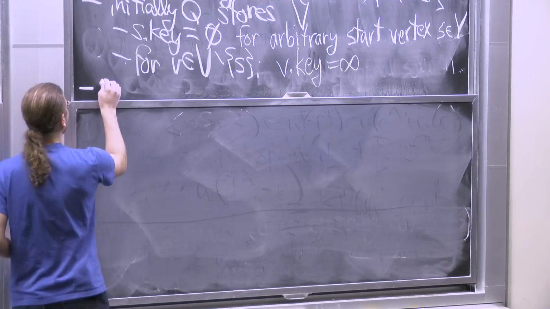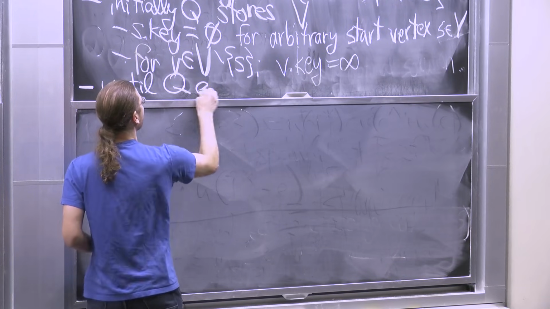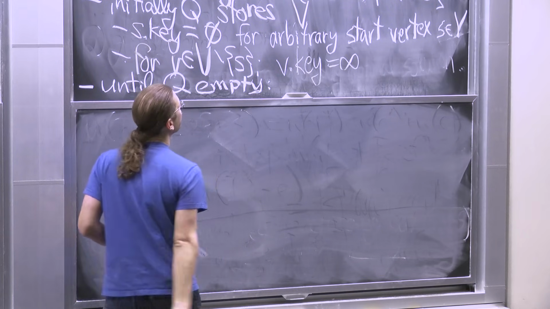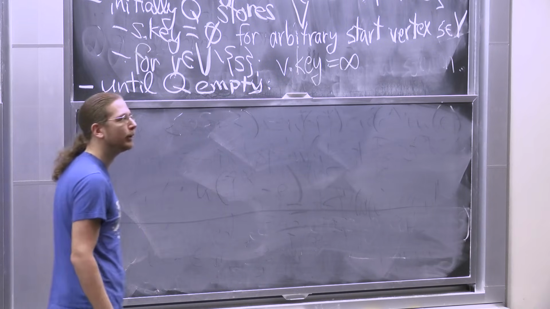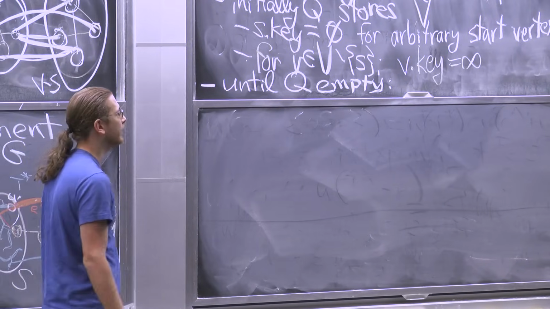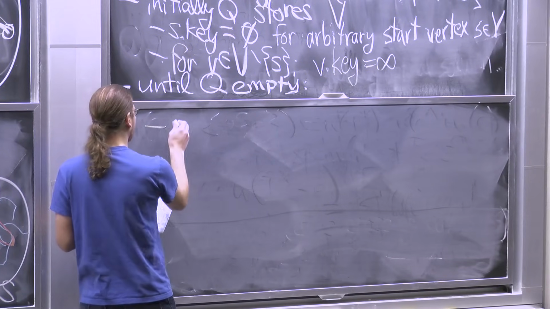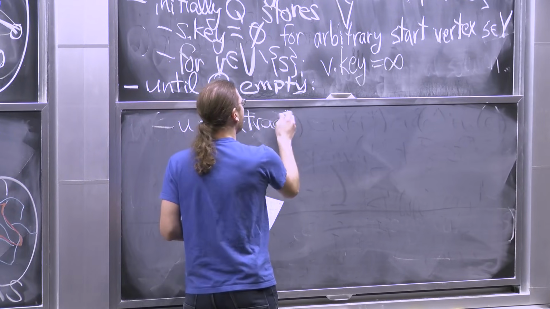OK, so that was the initialization. Now we're going to do a loop. We're going to keep going until the queue is empty, because when the queue is empty, that means S is everybody. And at that point, we'll have a spanning tree on the whole graph, and it better be minimum. We're going to do that by extracting the minimum from our priority queue.